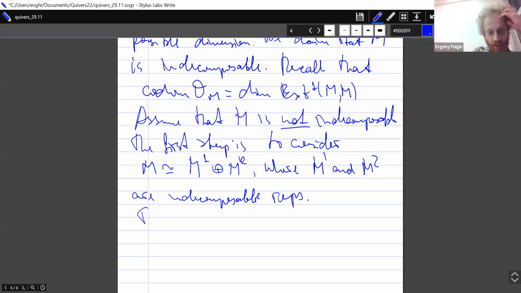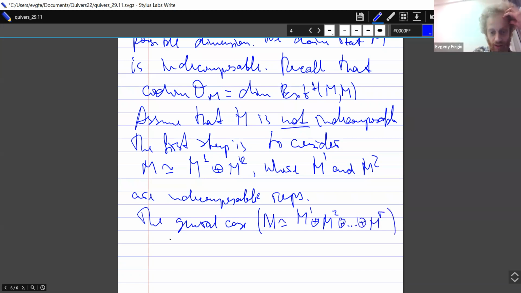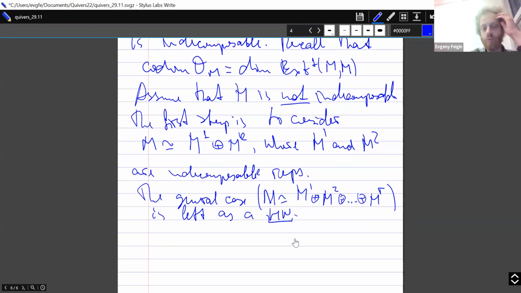In the general case, M isomorphic to M1 plus M2 plus up to M_R is left as a homework one. But let's work out the situation where we have two indecomposable direct summands.